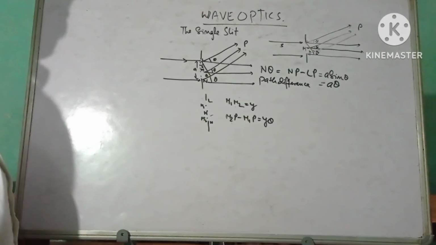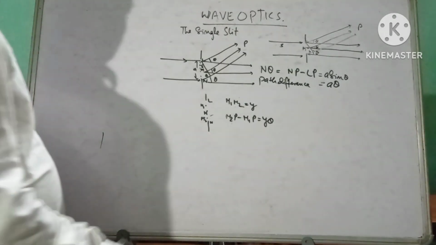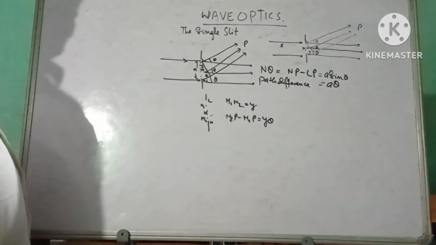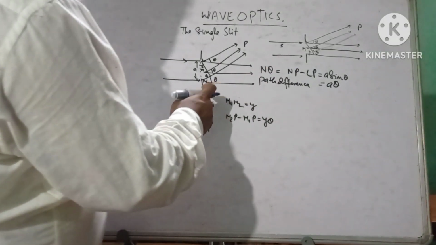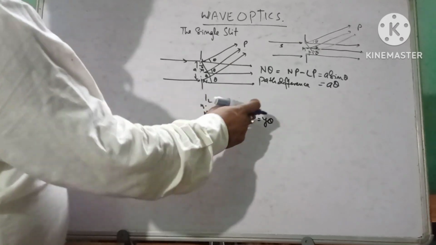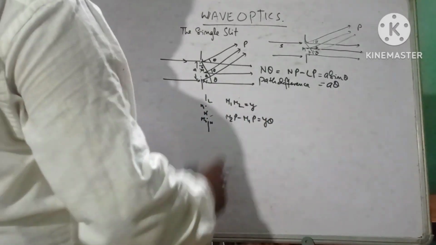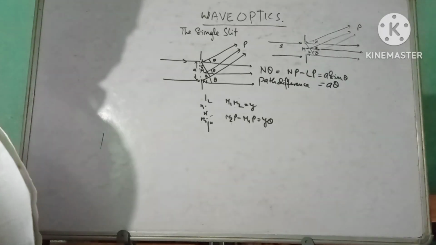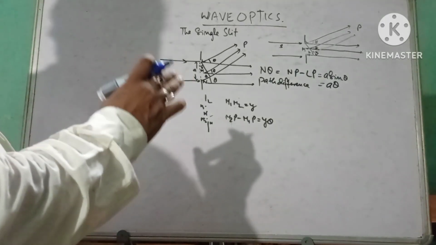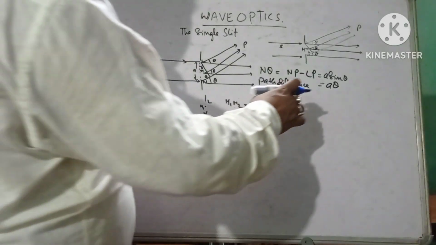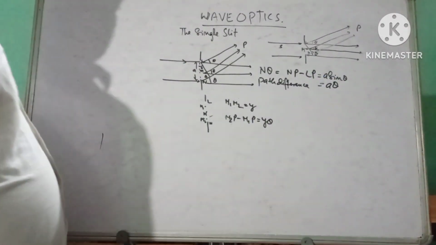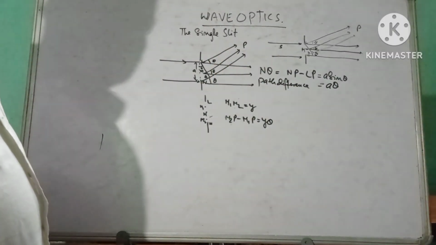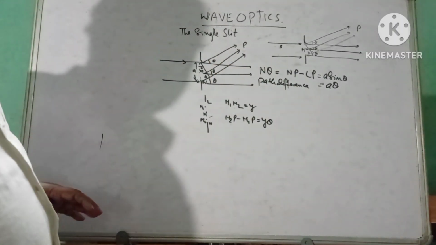So what they want to tell us first is the relation between path difference and the slit width. If the slit width is Y, the path difference is Y theta. If the slit width is A, the path difference is A theta.